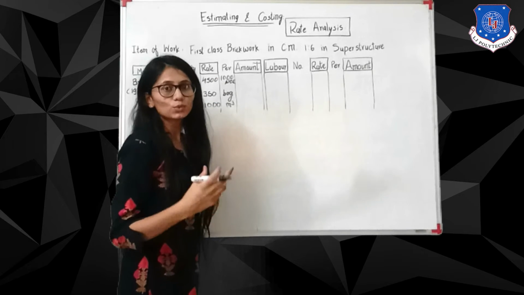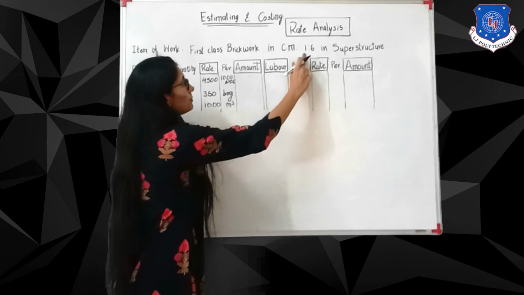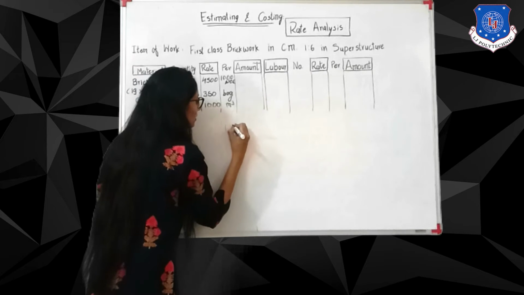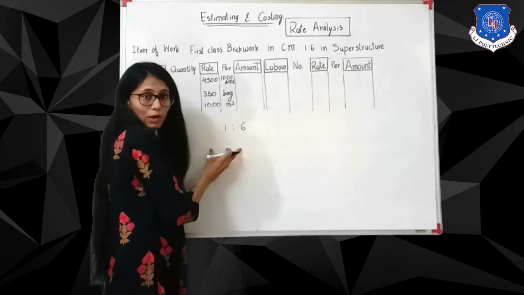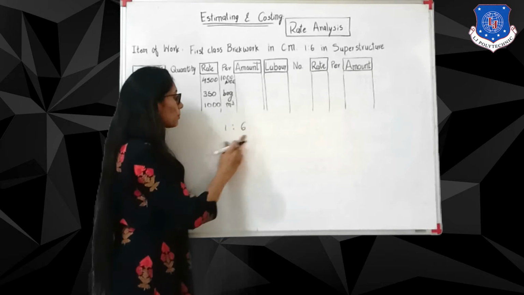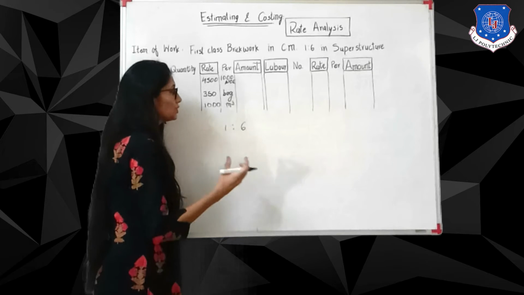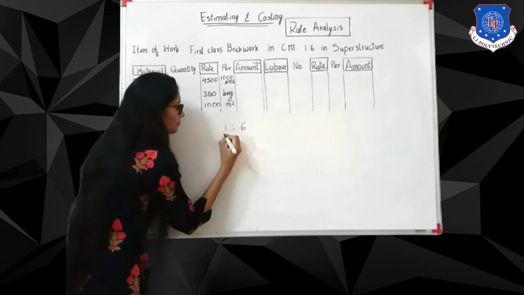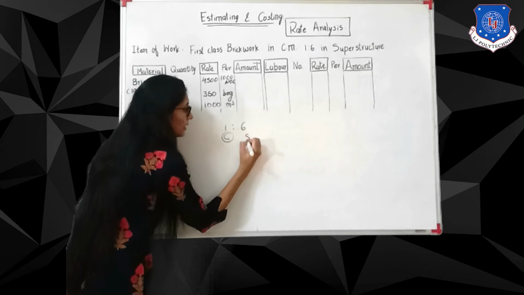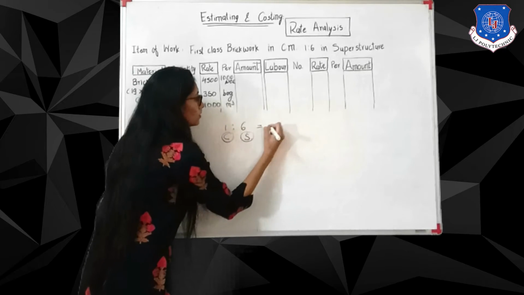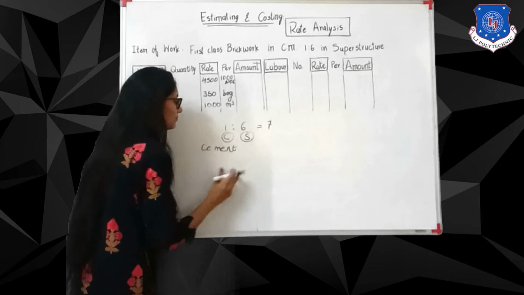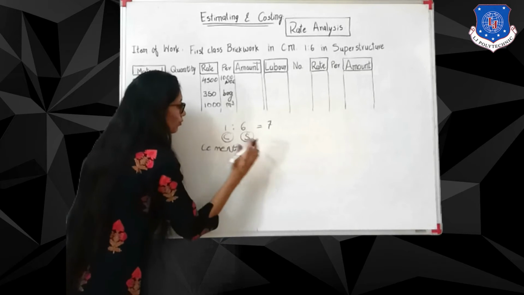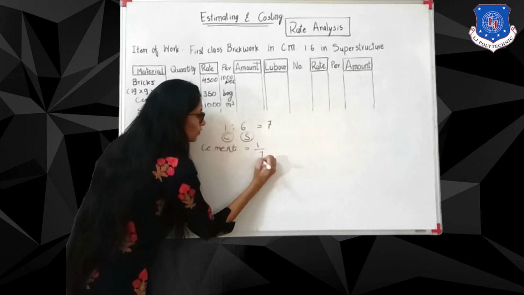Now it's time to use the proportion. I am taking this proportion here. We already know that this proportion indicates the ratio of cement and sand. So the total is 7. Now I'm calculating the cement first, which is 1 part out of 7.